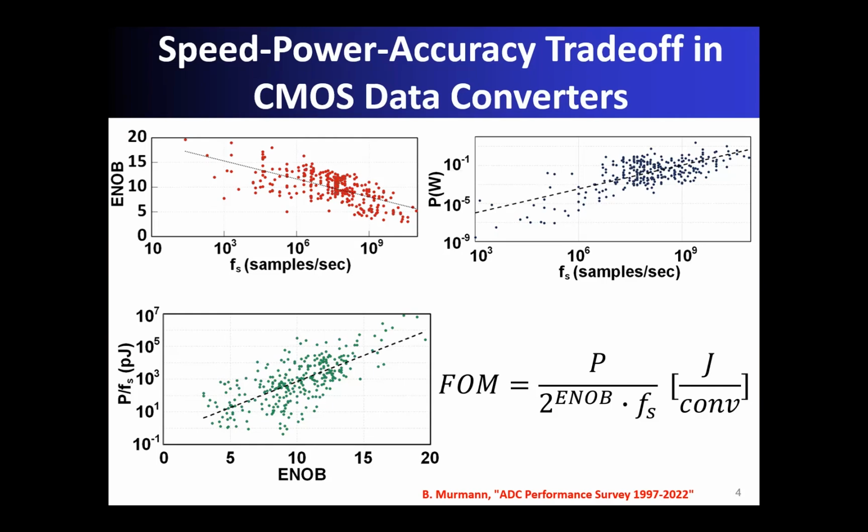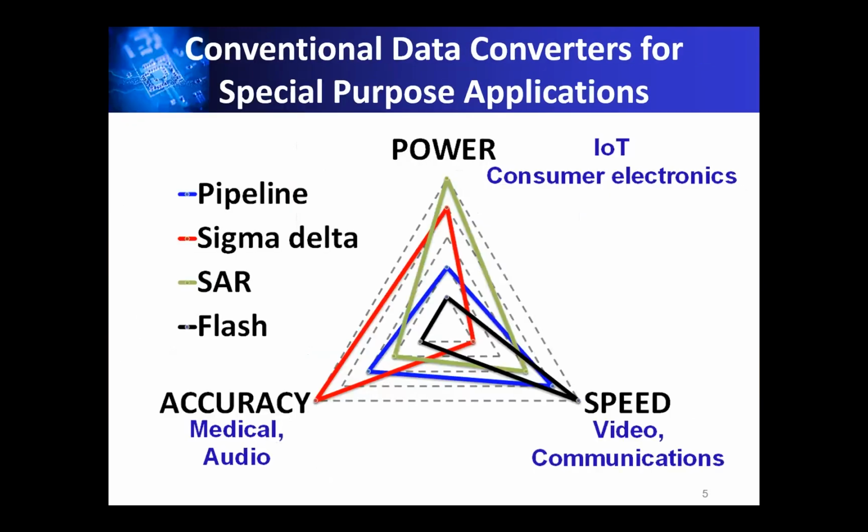For example, increasing the sampling frequency will decrease the effective number of bits and ultimately increase the power consumption, while in order to add an extra bit, we will pay extra power to attain a certain speed. This trade-off is captured by the following figure of merit formula that takes into account the ENOB, the sampling frequency and the power consumption. So this trade-off has become a chronic bottleneck in the design process of data converters.